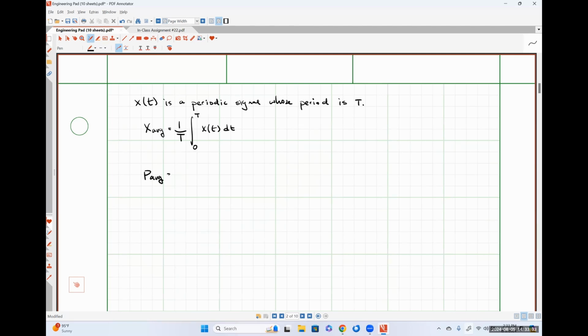So P average is going to be 1 over T times the integral from 0 to T of 1/2 Vm Im cosine theta V minus theta I plus 1/2 Vm Im cosine twice omega t plus theta V plus theta I dt.